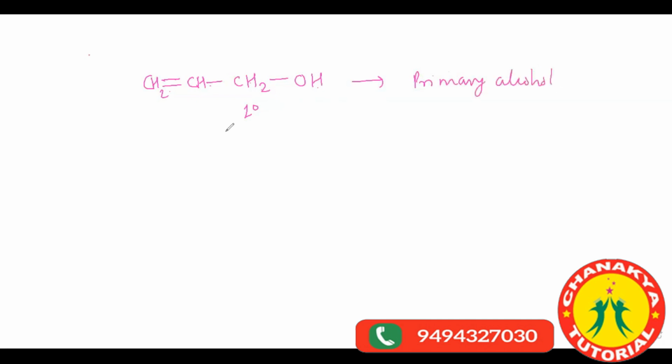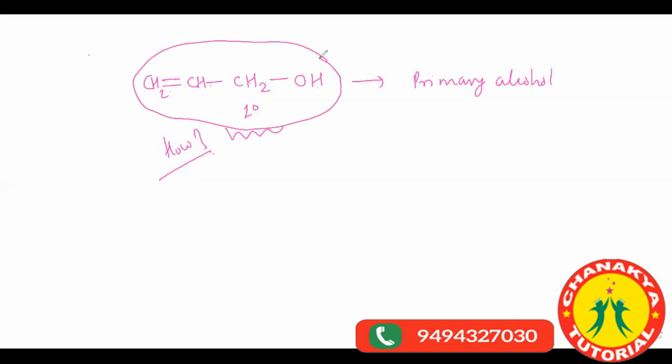So now tell me whether this allylic alcohol can be secondary or tertiary, and how? Yes, Aditi? It can be secondary or tertiary? It can't be, right? Right now, whatever structure I have drawn here is a primary structure.